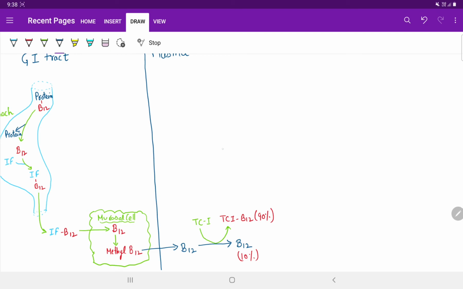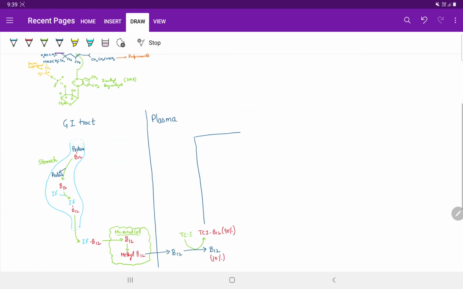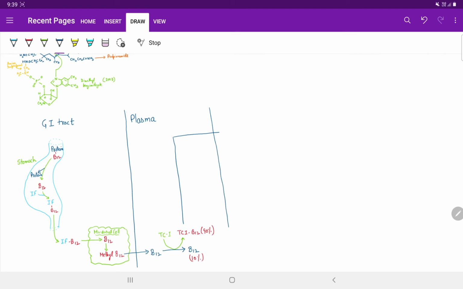Now this TC1B12 is further subjected to various tissues, where it is absorbed from plasma. So you can see that it is now crossing the plasma barrier to get absorbed into the tissues. So here we can write that it is absorbed in various other tissues.